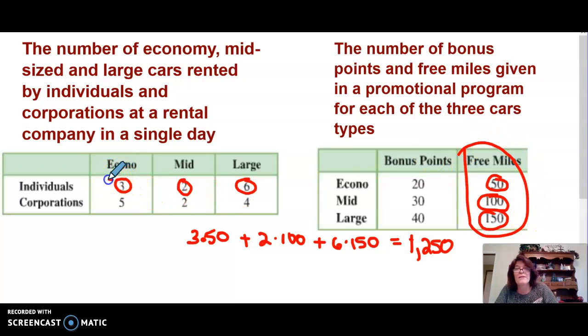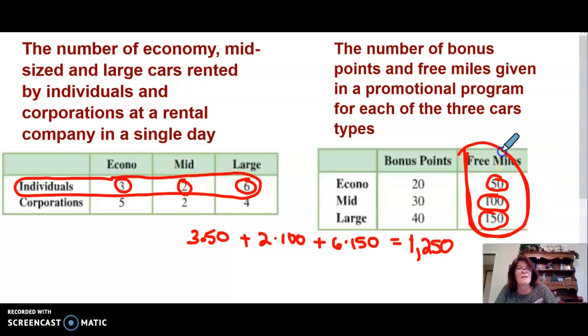Okay, notice what we did here, okay? We took this row times this column, right? 3 times 50 plus 2 times 100 plus 6 times 150. We took this row times this column, and we got one answer.